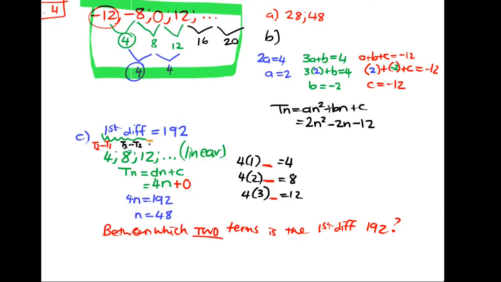Well, we said T4 minus T3. So the first term of our differences was actually between T2 and T1. The second term was between T3 and T2. The third term was between T4 and T3. So, can anyone answer between which 2 terms is the first difference going to be 192?